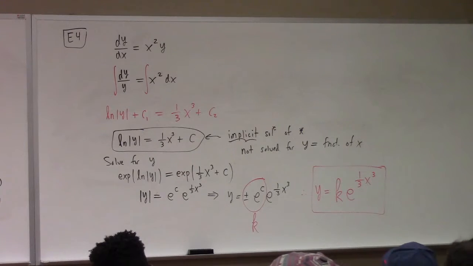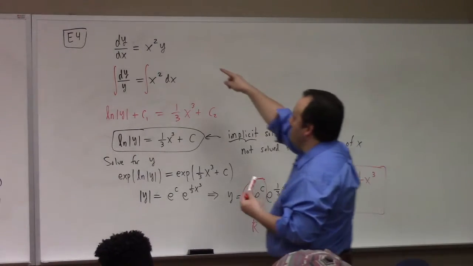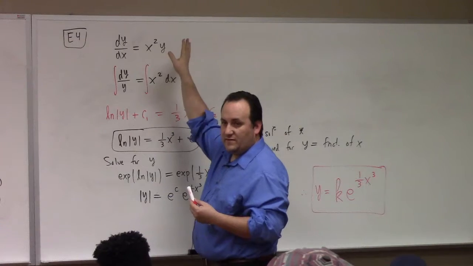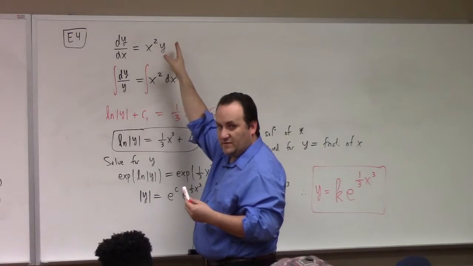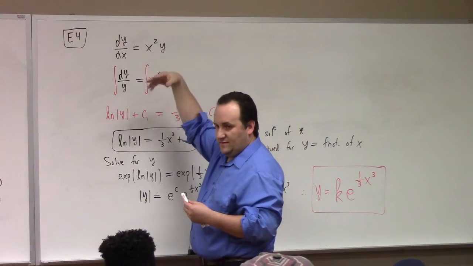Very good. But my question to you is, is that an artifact of our calculation? Is y equals 0 a solution? Look up here. If we put y equals 0, the constant zero function, is the derivative of the zero function 0? Yeah, it is.